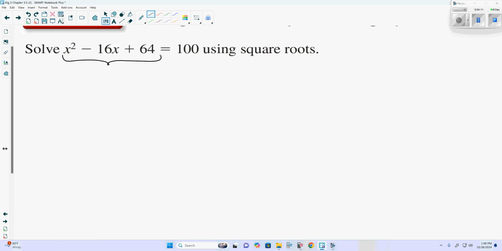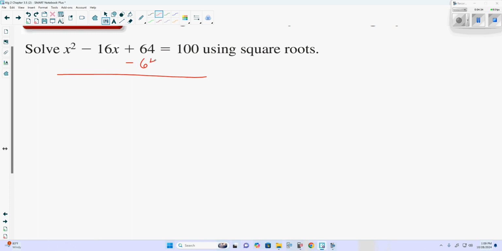Now the first step is a equal to 1. Is the number in front of x squared 1? Yes. So our next step is to get the constant terms by themselves and the variables on one side. So x squared and x on one side, all of our numbers without x on the other.